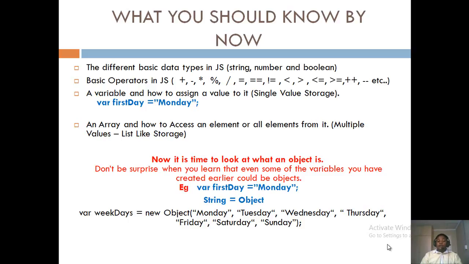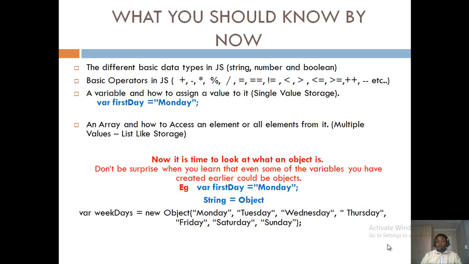The second thing I'm going to assume is that you understand basic operators in JavaScript, and that will be groups of operators such as the arithmetic operators like your addition, subtraction, multiplication, division, or even the modulus operator, and then other operators such as the assignment operator and the group of comparison operators such as the equal operator, the not equal, the greater, lesser, greater or equal, lesser or equal.